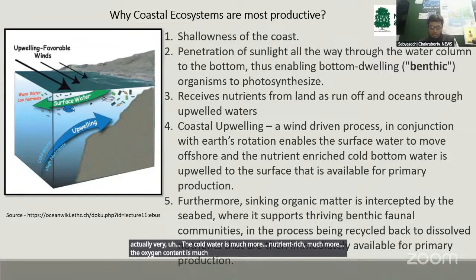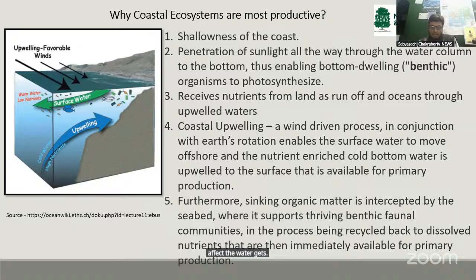So due to this effect, the water gets in a cycle.